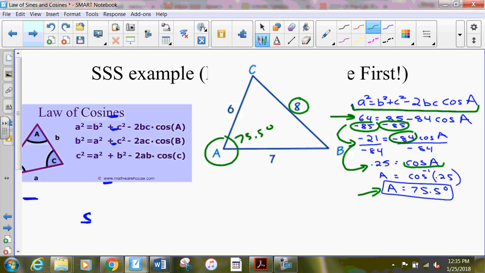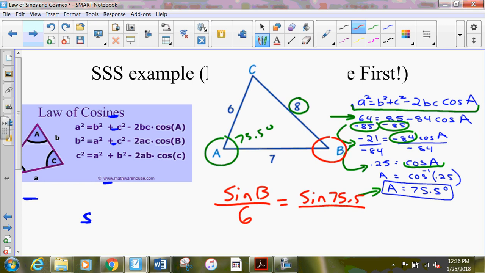We could continue this process to solve for the rest of them, but are we going to use law of cosines? No, we would use law of sines. To find angle B, we'd set up sine of B over 6 is equal to the sine of A, which is 75.5, over 8.